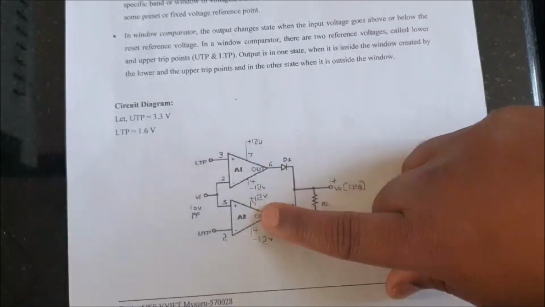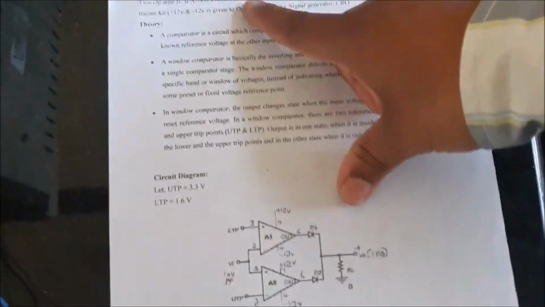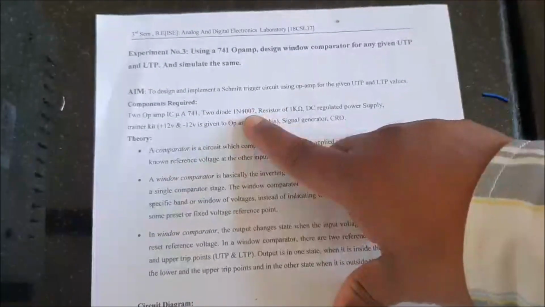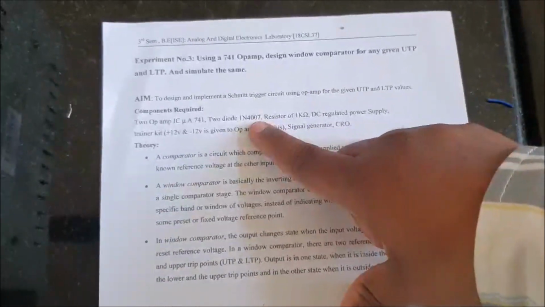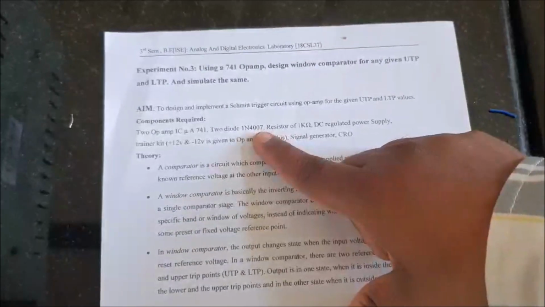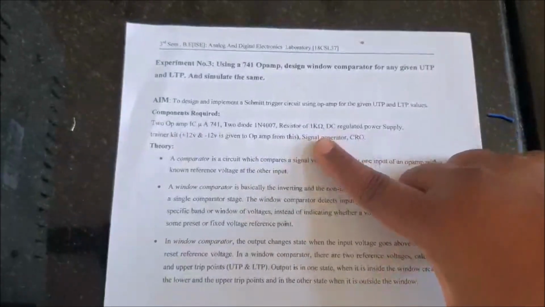We need two op-amps, and then we need two diodes, 1N4007. These diodes have polarity, positive and negative terminals. Then we need one resistor of 1 kilo ohm.